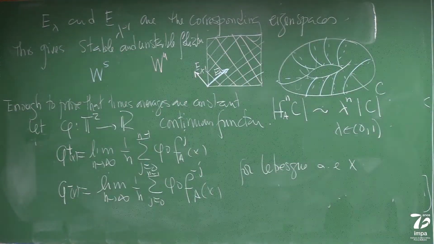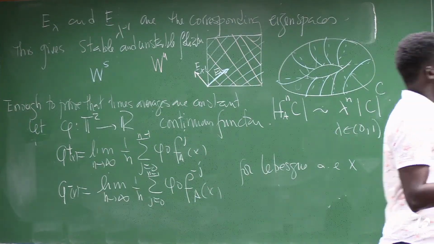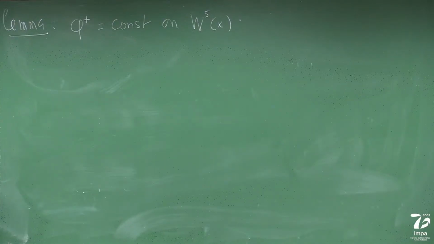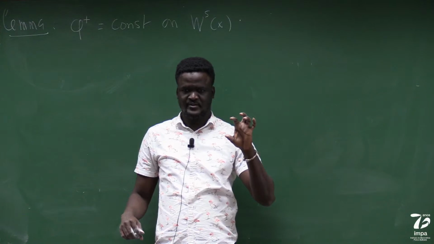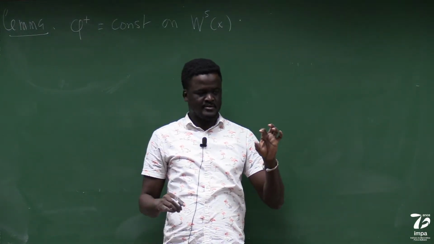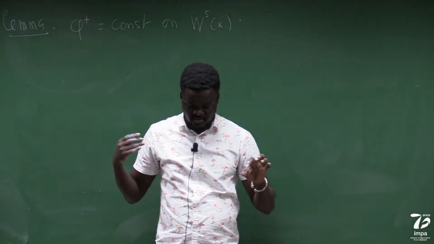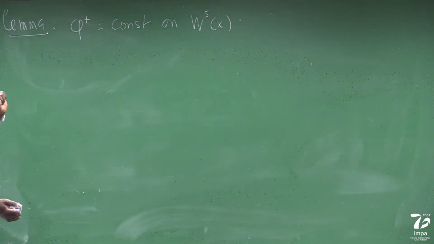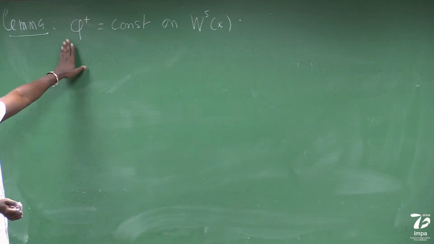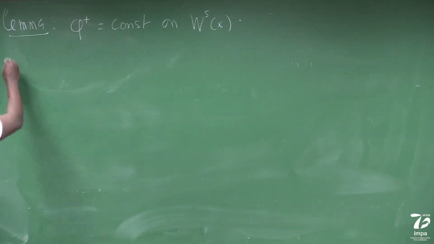This is why, at some parts in the lecture, I was saying that when you study this dynamical system, you can really think of the stable manifold as one point. Because if you are interested in the future, they are going to behave nicely when you apply a potential. So let's prove this.